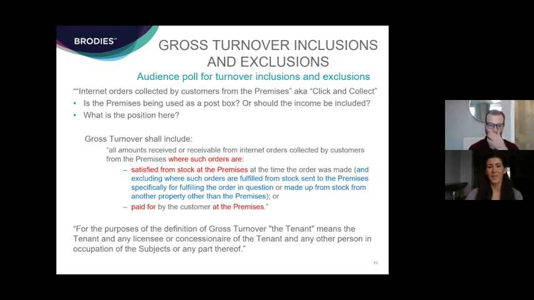Well, that's a really interesting point, actually. I've not come across that before in a draft. Well, I guess if acting for the tenant, you would want the landlord to have either one or the other. So you'd be looking for either the click and collect to be included in the gross turnover or the reverse click and collect to be included.